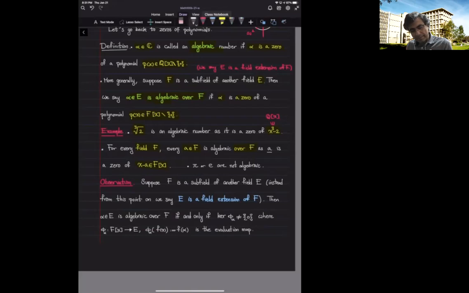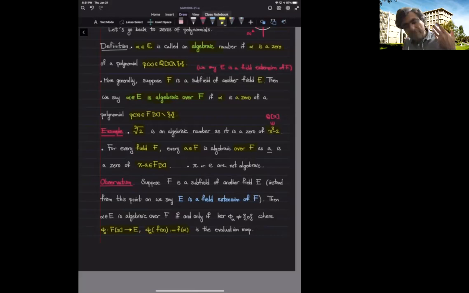So if you think about it, we've discussed the evaluation map from the ring of polynomials with coefficients inside F to the larger field E, which is a ring homomorphism. And what is the kernel of this? The kernel of this evaluation map consists of those polynomials that have alpha as a zero. So if we say alpha is algebraic over F, it's the same as saying that the kernel of the evaluation map is not the zero ideal.